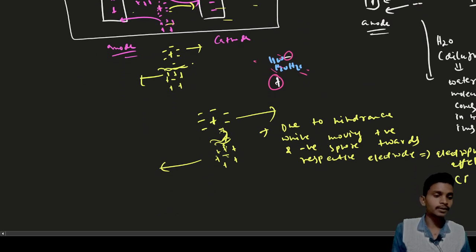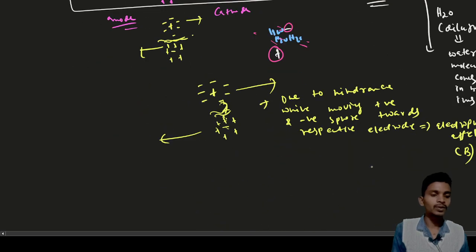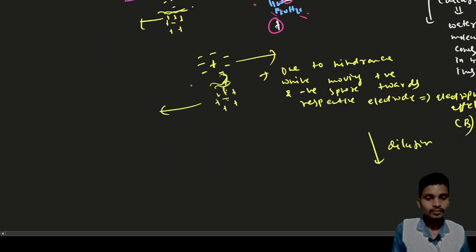And this is represented by B. And whenever we do the dilution, whenever we add the water, the water molecules will come in between the positive charge and the negative charge. So the attraction between positive charge and negative charge decreases, because previously the positive charge and negative charge were this much distance apart.